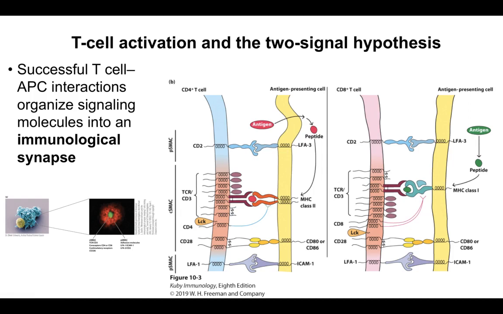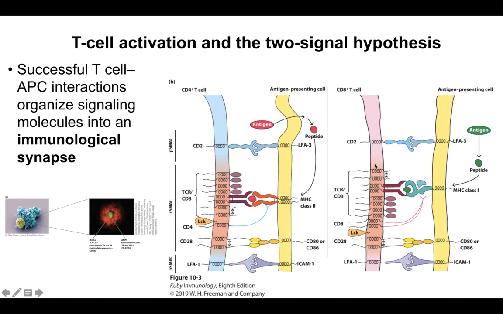CD3 is also involved, similar to the T cell receptor on a CD8 positive T cell. There, it's CD8 that recognizes the MHC, and here it's MHC class I. So there are some similarities and some differences between the centers of these synapses.